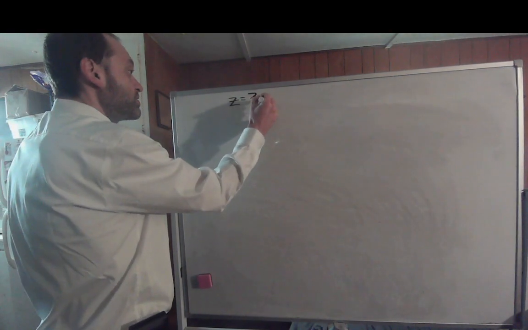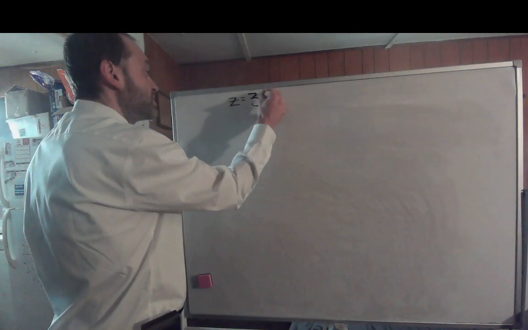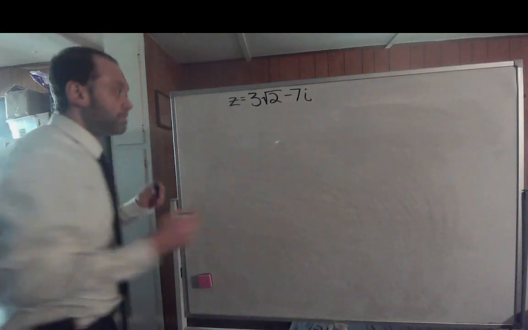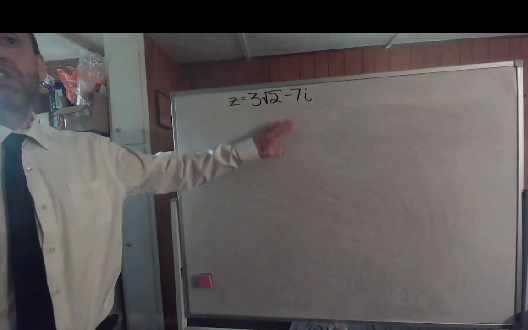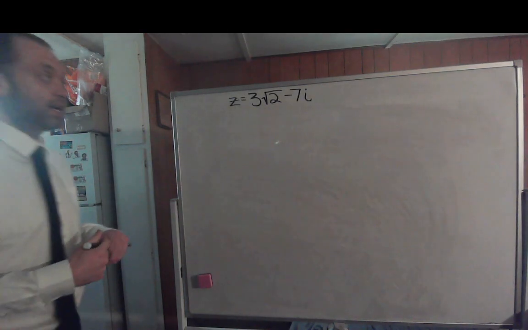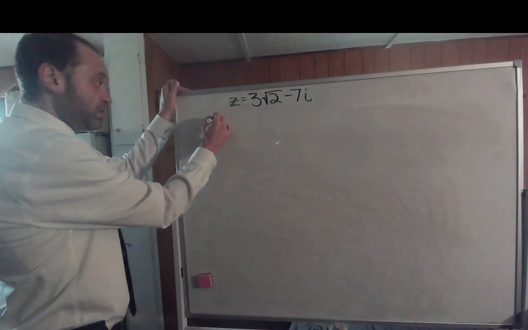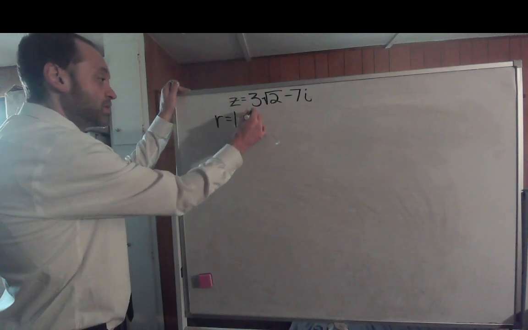Z equals, let's see, 3 times the square root of 2 minus 7i. So z equals 3 times the square root of 2 minus 7i. Okay, so first thing you want to do, again, find your value of r, which is going to be the absolute value of this complex number.